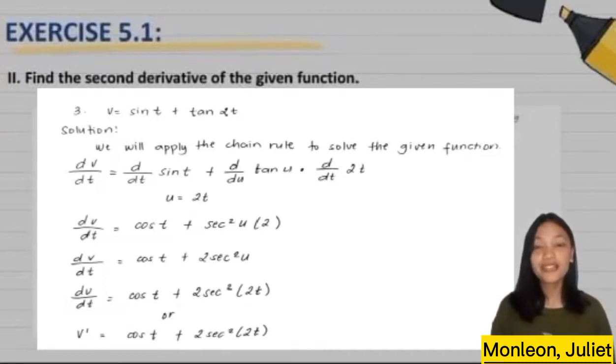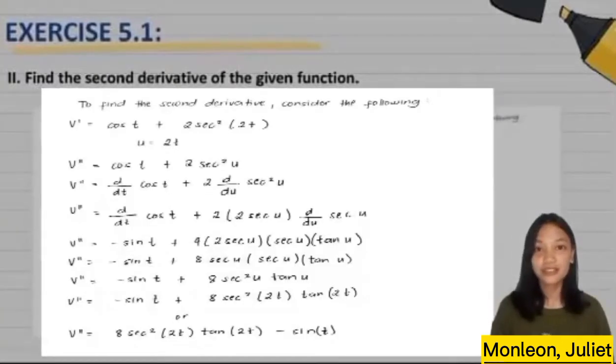We will multiply the secant squared u by the constant 2, which will now result in 2 secant squared u. After that, we will substitute the value of u, which is 2t. So, the first derivative of v with respect to t is equal to cosine of t plus 2 secant squared 2t.